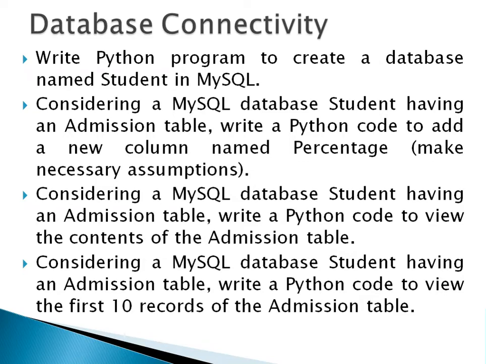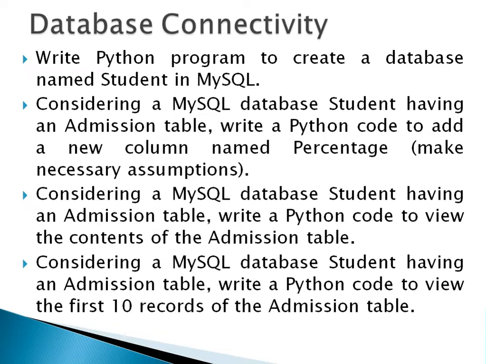Where you find the word content, that means all the values. So the star will be used after the select command. The query will be select star from admission. After running this query using the execute function, you will fetch all the records to a result set using the fetchall method. Then you will iterate using a for loop and print those records.